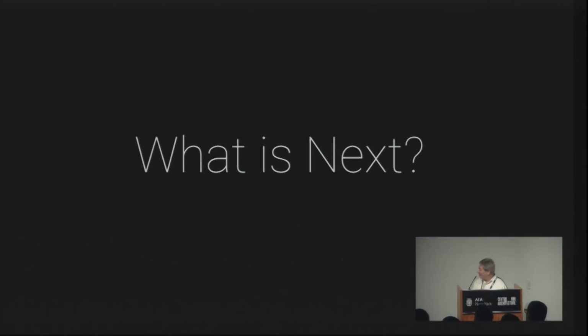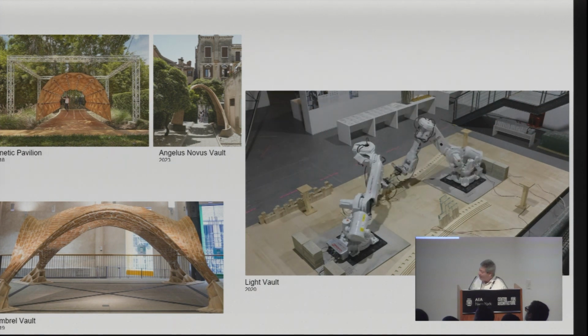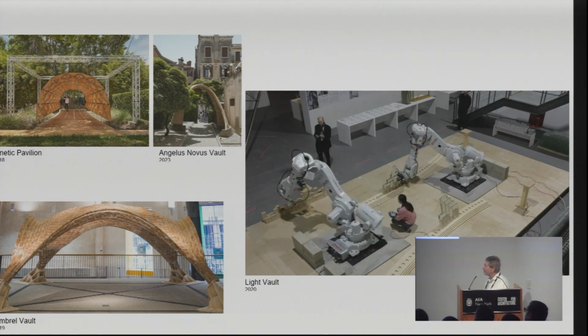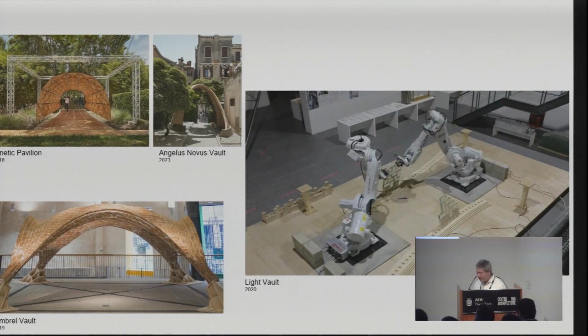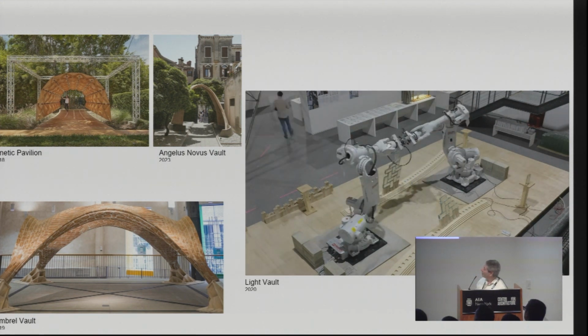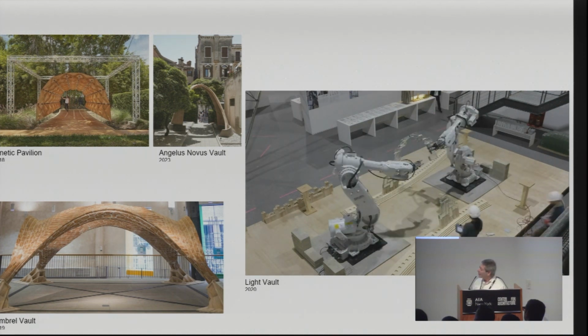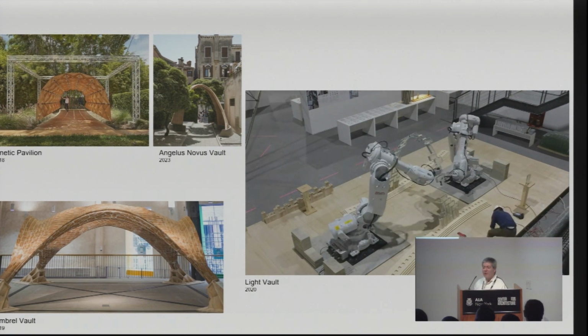So I call this section What's Next, but a lot of it is really what's happening now. In collaboration with the structures group, and these were done mostly by the structures group, we created these vaulted pavilions that use methods that are not new also, right?